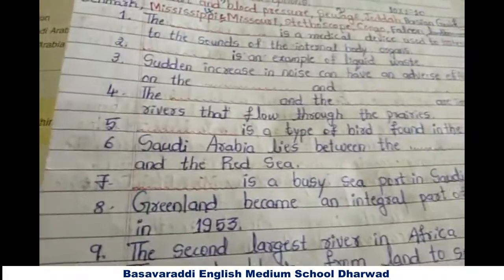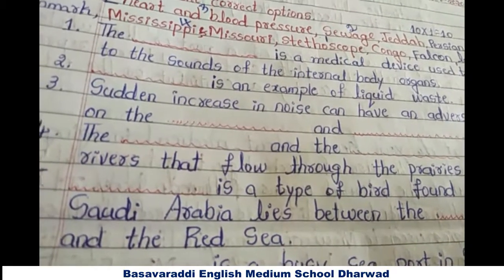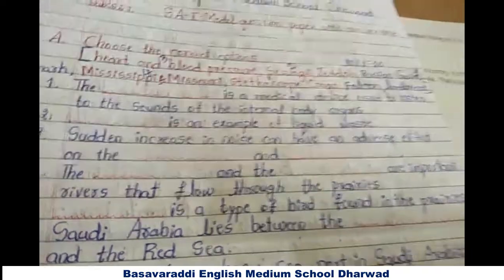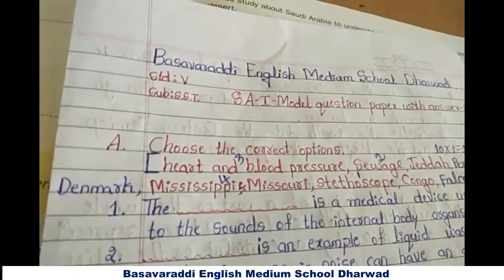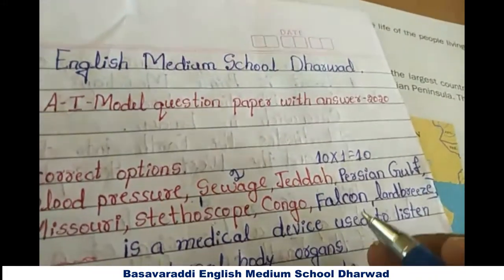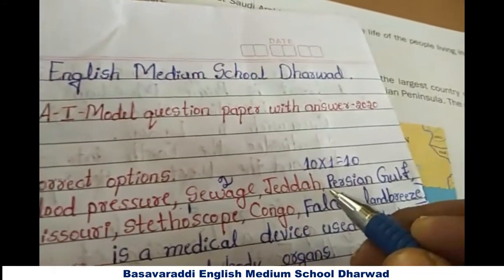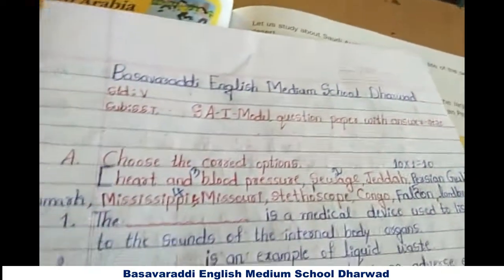Next, fifth question, dash is a type of bird found in the prairies. What type of bird can we find in prairies, children? Falcon. Is it?